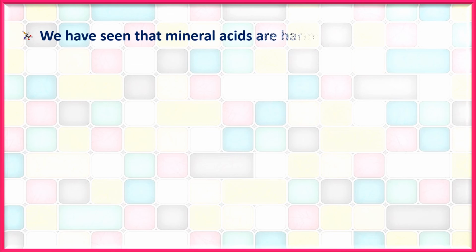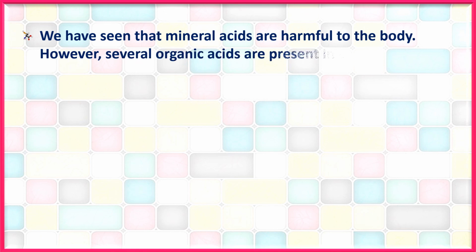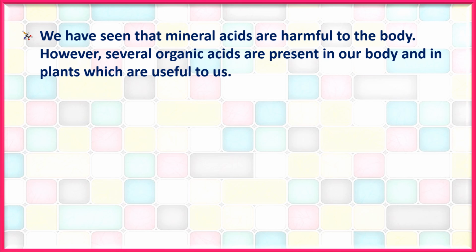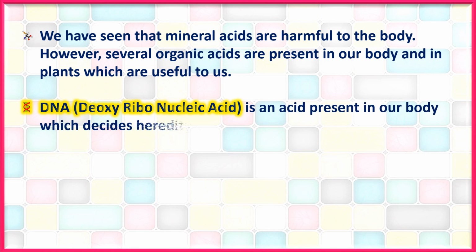Now we have seen that mineral acids are harmful to the body. But there are several organic acids which are already present in our body and in plants which are useful to us. Now, one of them is DNA or deoxyribonucleic acid, present in the cells of our body, which decide the heredity properties, meaning decide how the child is going to look, how the child is going to be, compared to the parents.